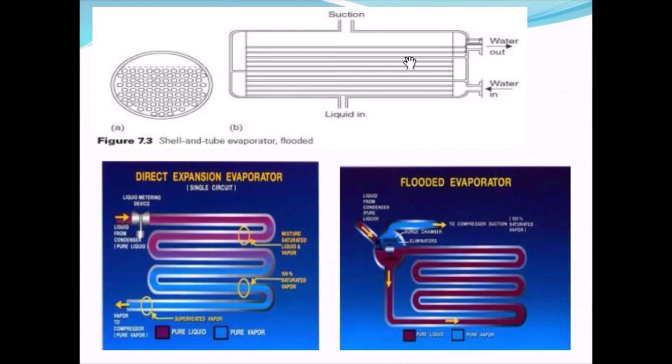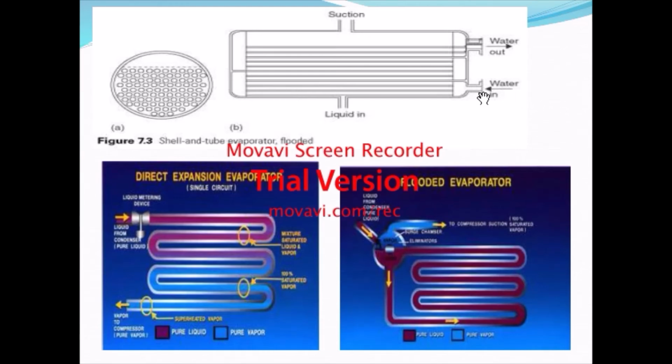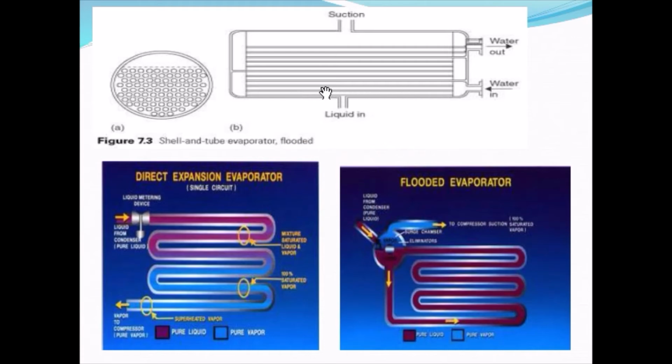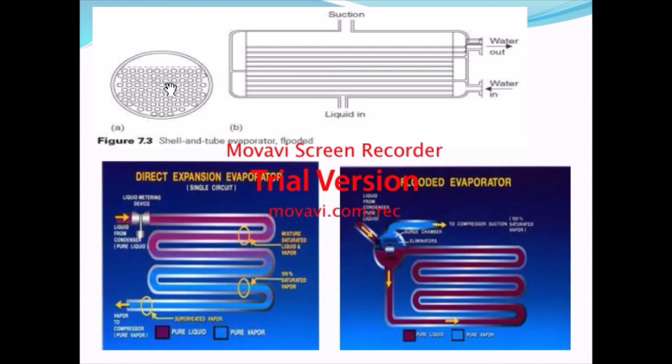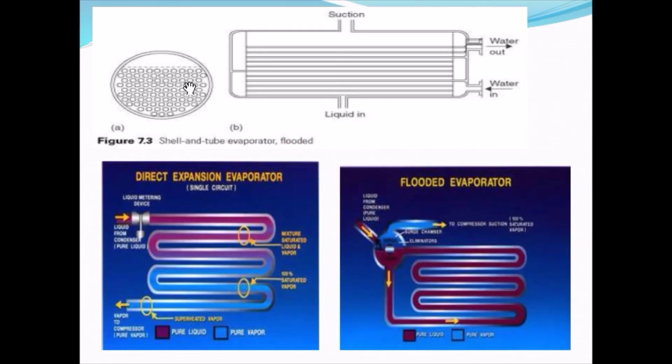And then the refrigerant will go inside here and flow like this until the finish line. From this cross area you can see many tubes here, and the coolant will go through between the tubes. This one is the shell shape.